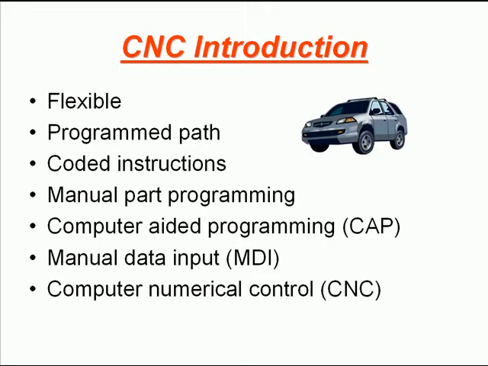What I mean by flexible is instead of buying a machine to make one specific type of part, a CNC machine could be flexible so you can make many different types of parts with this machine. And since you could use software to program it, it's almost infinite how many different types of parts you can make with a CNC piece of equipment. So it's very flexible. Okay?